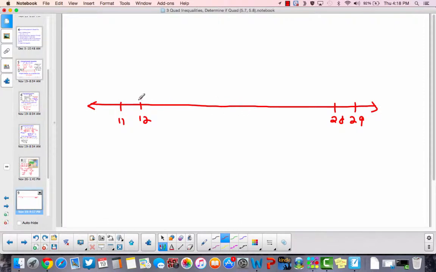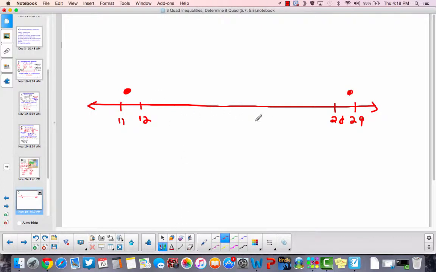Now that first number was 11.05, so it's going to be right here, and it's going to be a closed dot, very close to the 11. The last number was 28.944, so it's going to be a closed dot, very close to the 29. Not over the 29. Let's make sure I get that where it needs to be. All right, so now we need to test some intervals.